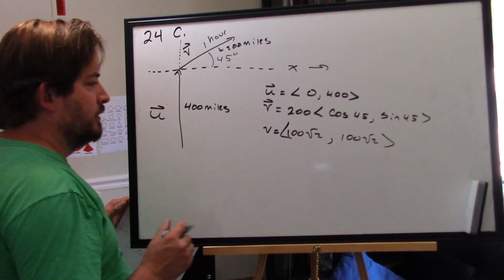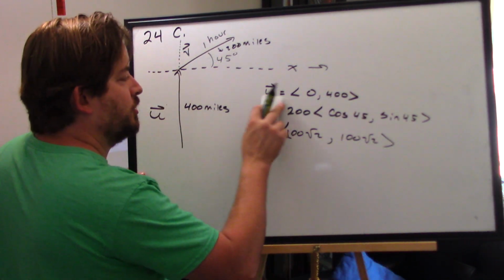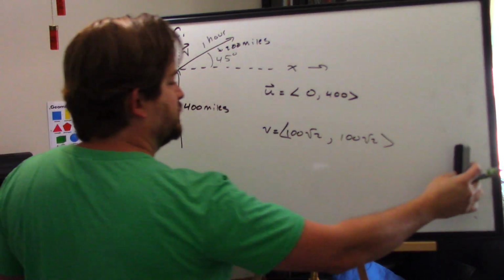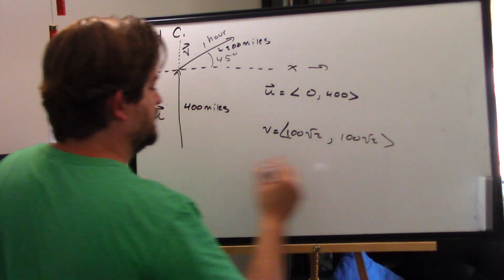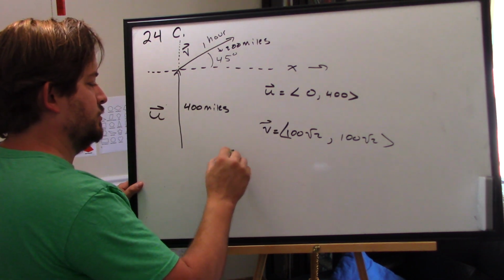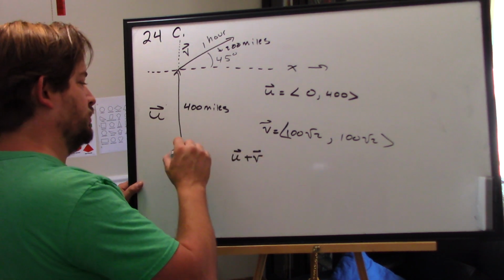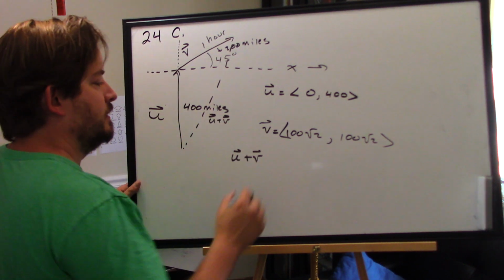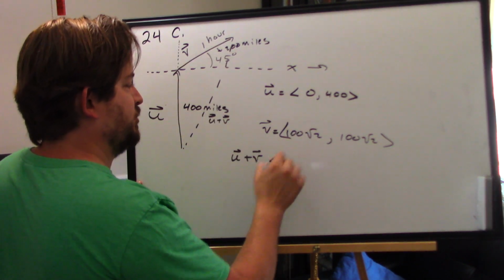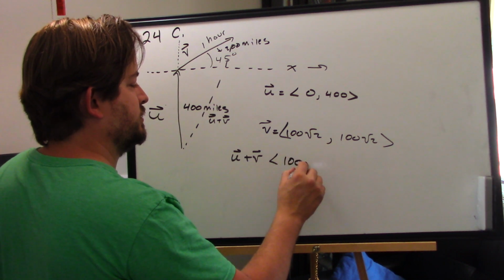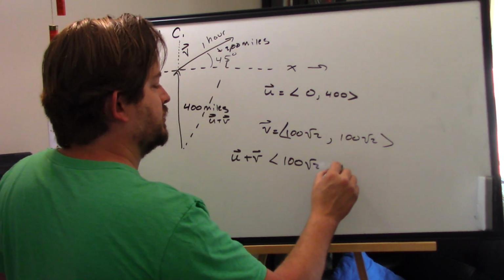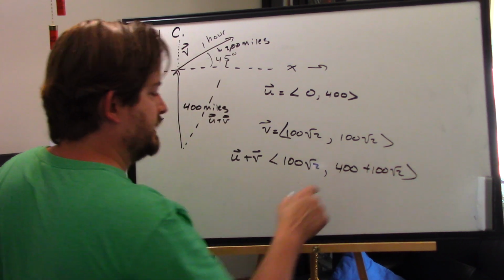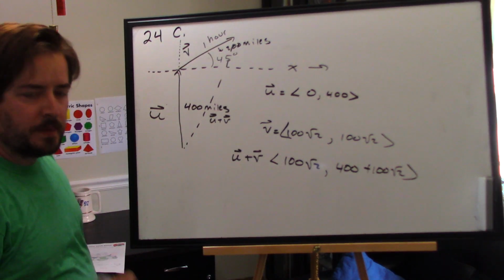Right. So I'm not really interested in this first one anymore. What I want to do is add u and v, because that's her final spot. U plus v would be this right here. So u plus v is 0 plus 100 root 2, that's 100 root 2. And then 400 plus 100 root 2, that's where she is.